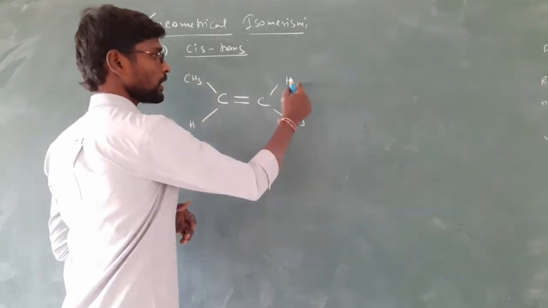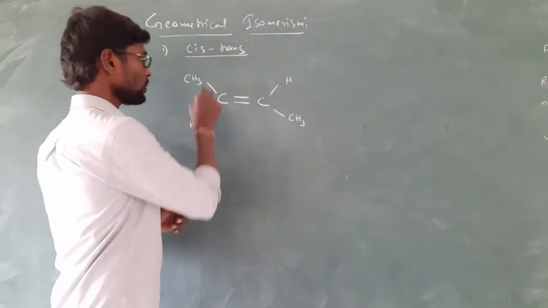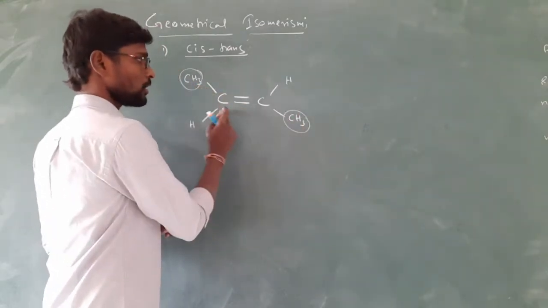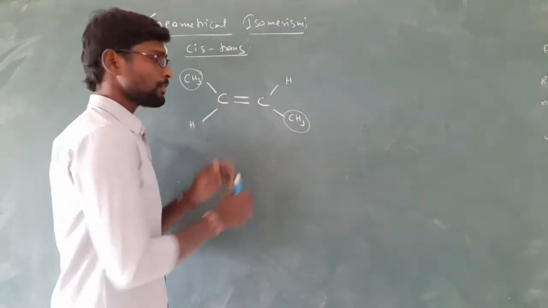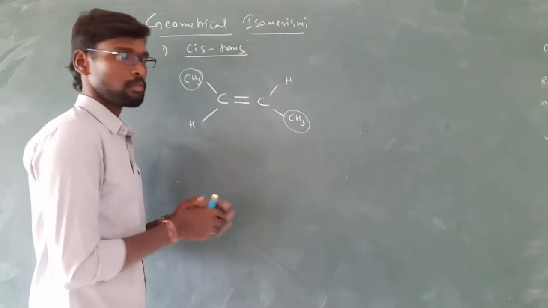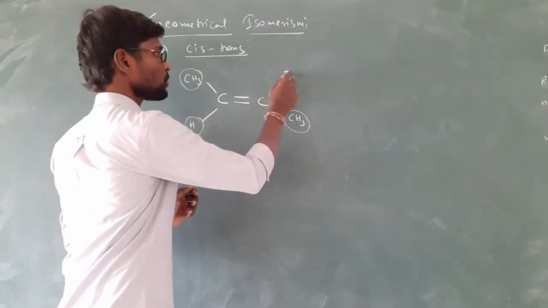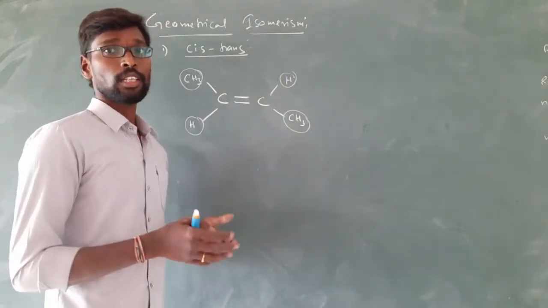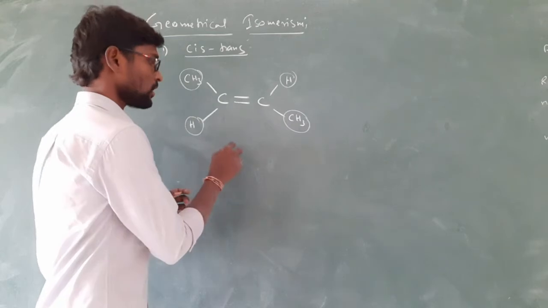The two CH3 groups are in opposite positions on different carbons, and the two hydrogens are also in opposite directions. If this type of arrangement is there on a double bond, that is called a trans isomer.